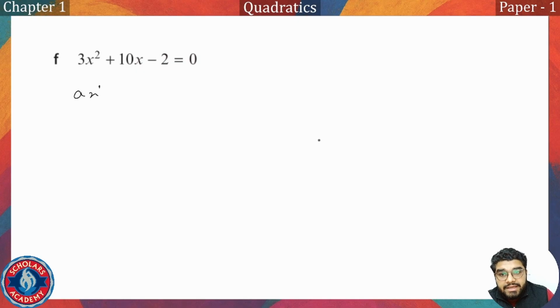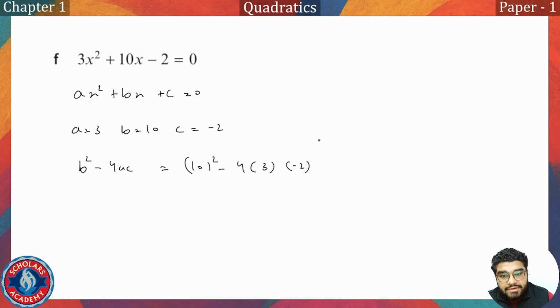So comparing it with ax square plus bx plus c is equal to 0, a is equal to 3, b is equal to 10, c is equal to negative 2, right? So now if I find the value of discriminant b square minus 4ac, it is equal to square of 10 minus 4 times 3 times negative 2, that is 100, and 6 fours are 24 and positive, so it is 124.